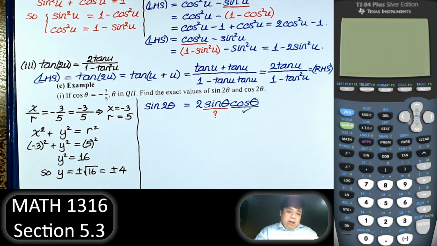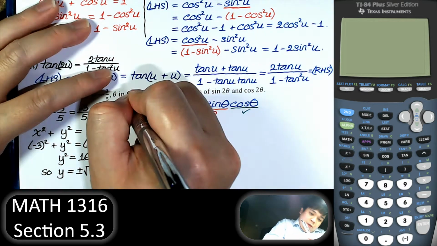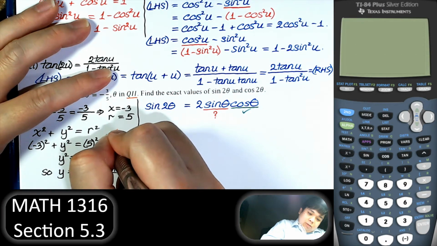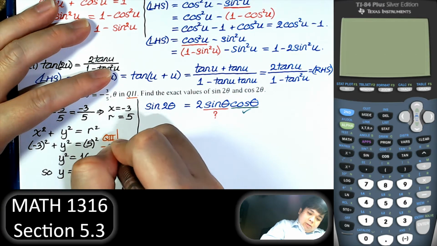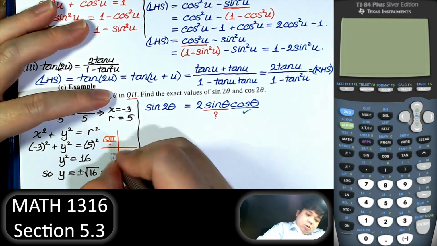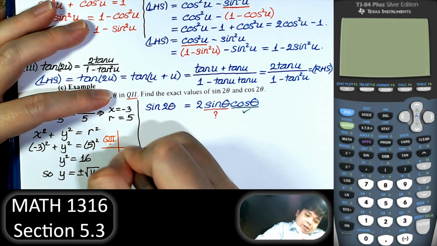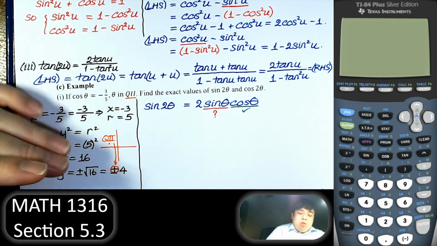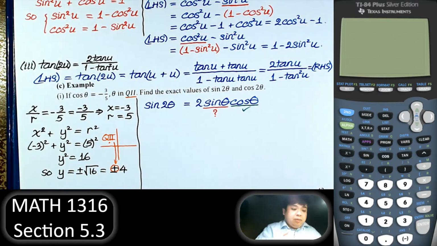Next, it is in quadrant 2. If a point is in quadrant 2, the y value is positive. It is still above the x-axis.